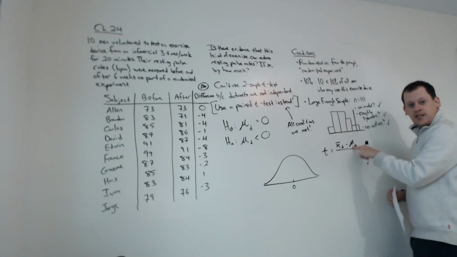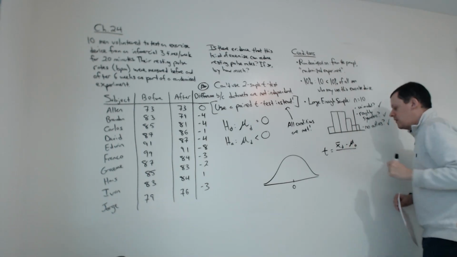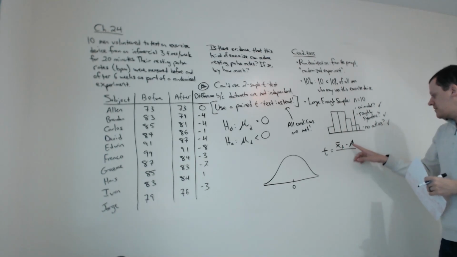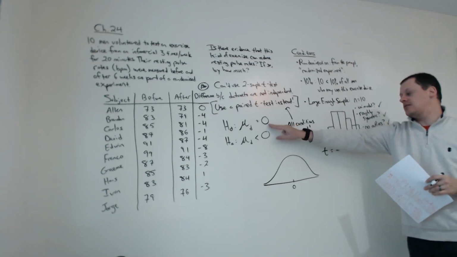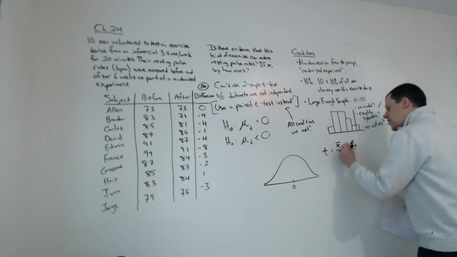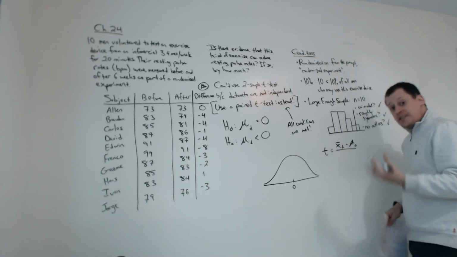So I'm going to use the original notation here from our t-test in the past. This is mu naught. That is the value of this number here in the null hypothesis. We're going to divide by the standard error.